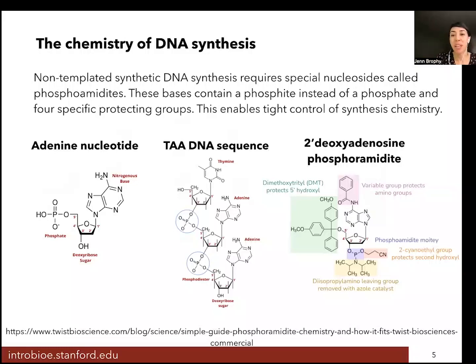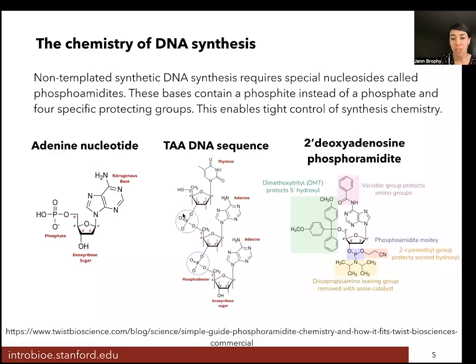requires phosphoramidite chemistry. And so if this is a typical adenine nucleotide, you have your sugar backbone, you have a phosphate group, and then you have the base. This is the adenine part. It's called the nitrogenous base. And when you attach an adenine or an A base onto a growing strand of DNA, this phosphate will react with the oxygen group, this hydroxyl group on the previous base of DNA, in order to make a stable bond.